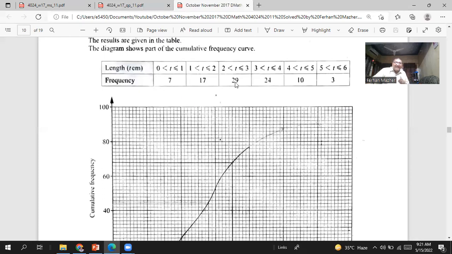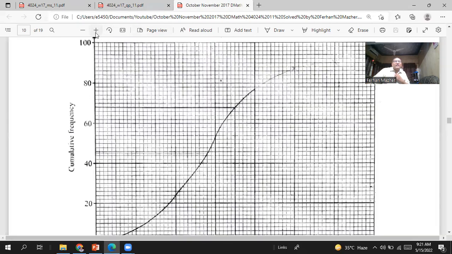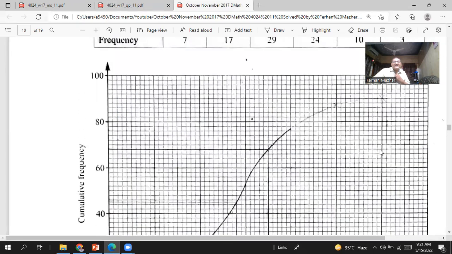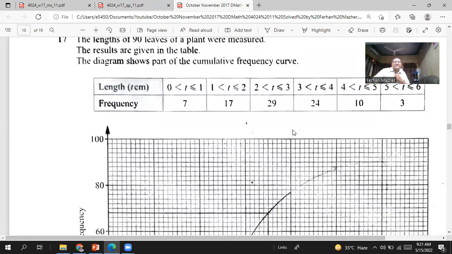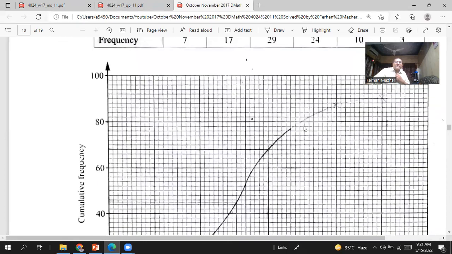So you have to add these frequencies to each other. That will give you the cumulative frequency. So for this class, let me show you how much the cumulative frequency for 5 is. It is 87, and for 6 it is 90. So you join them and you complete it up to here.